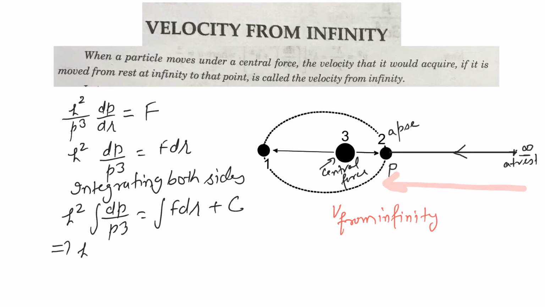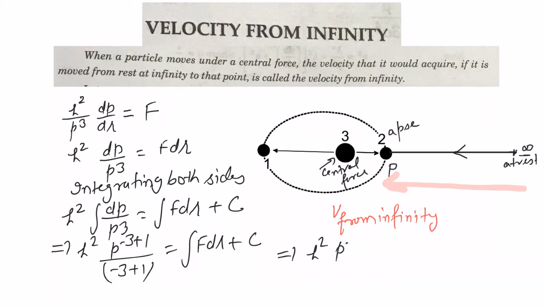This implies h squared p to the power minus 2 over minus 2 is equal to integral f dr plus c.